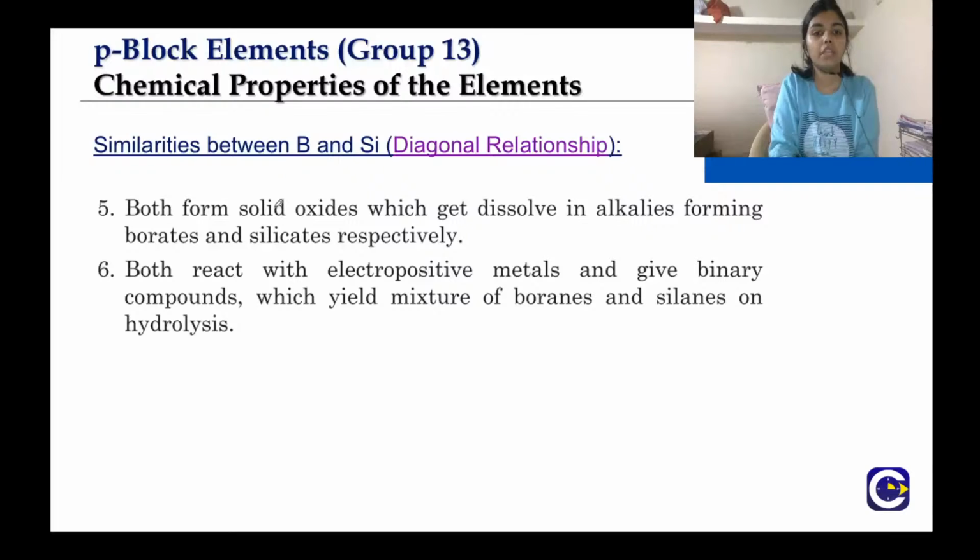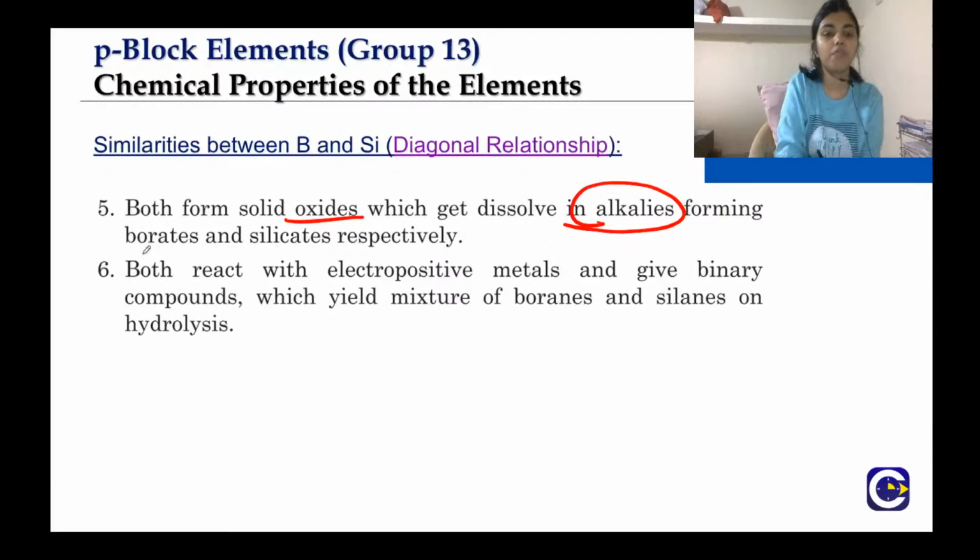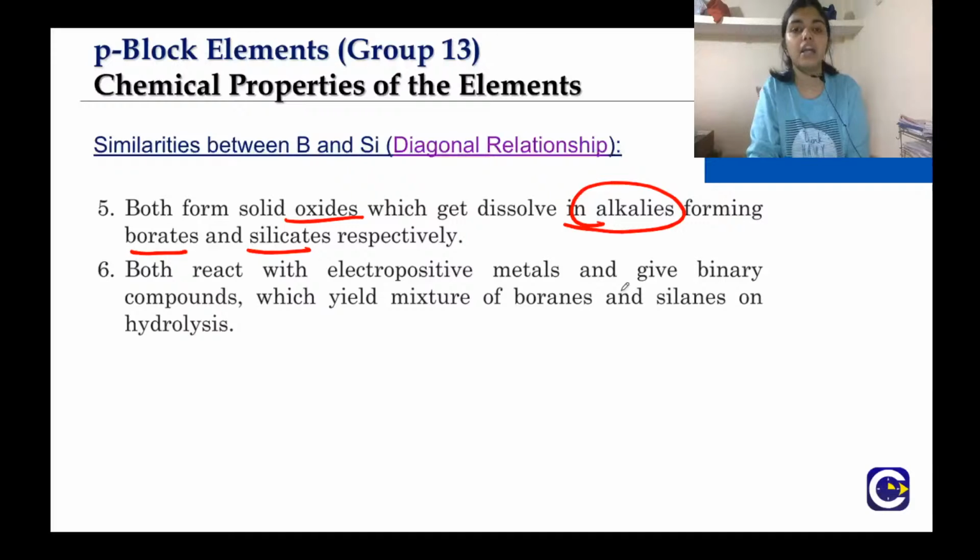Now, they both form solid oxides, right, which get dissolved in alkalis forming borates and silicates. If you take boron oxide, it will dissolve in NaOH to give you borates. Similarly, if you take silicon oxide, it will react with alkali to give you silicates.